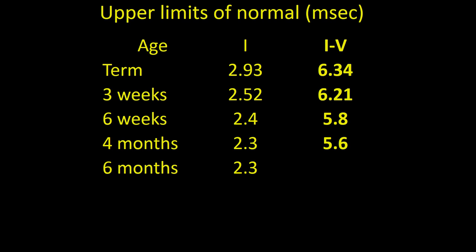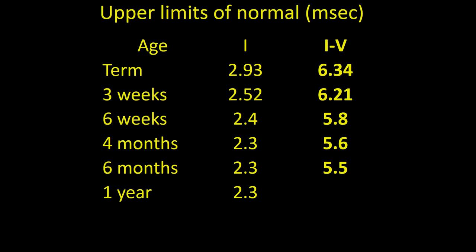At 6 months, the latency to wave 1 should be 2.3 milliseconds or less, and the interpeak latency from 1 to 5 should be 5.5 milliseconds or less.